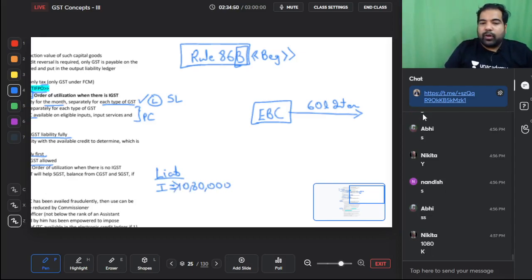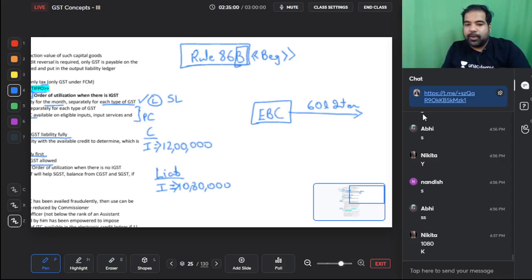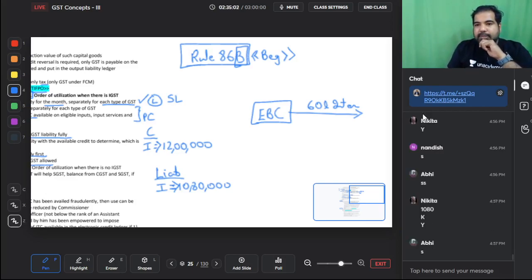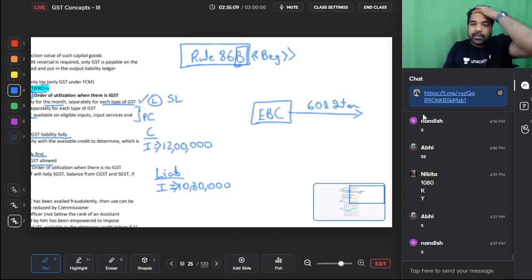Now, what if they have credit, guys? What if they have credit of IGST of 12 lakh rupees? Can they use the credit to pay the bill? Yes. So they can use 12 lakhs out of this 10,80,000 to pay the bill. But the government says, listen. If in a particular month your supply is more than 50 lakh, is this more than 50 lakh?